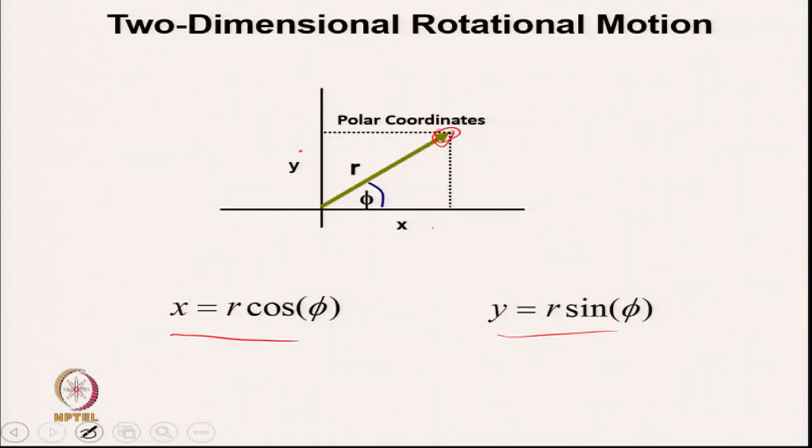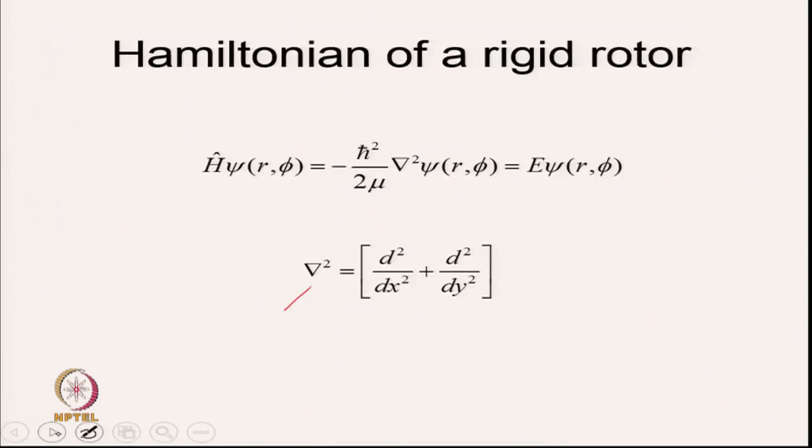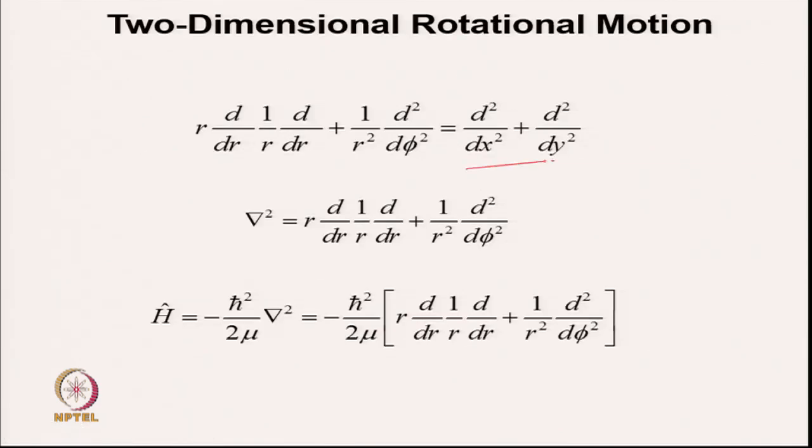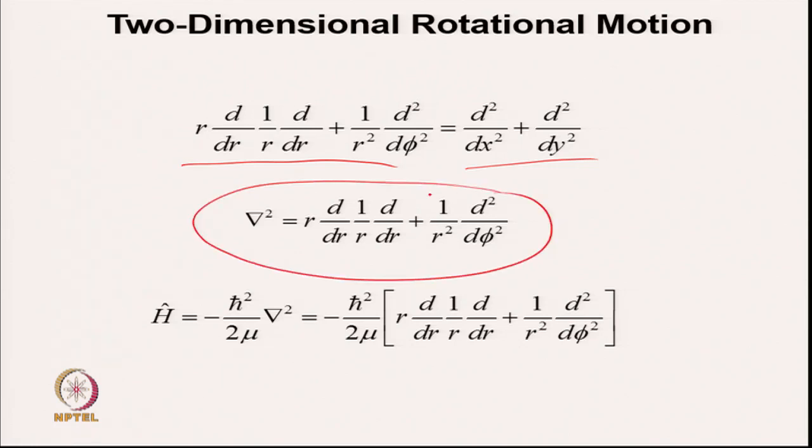So, using x is equal to r cos phi and y is equal to r sin phi, we can convert this Laplacian operator in terms of differentiation with respect to r and differentiation with respect to phi. So, this is your Laplacian operator, and now we are going to use it to calculate the kinetic energy part and the overall energy.